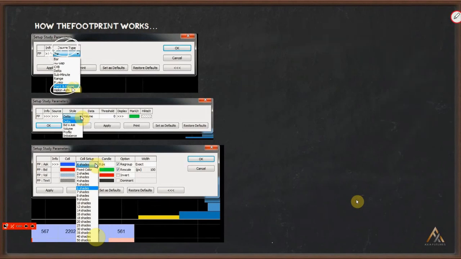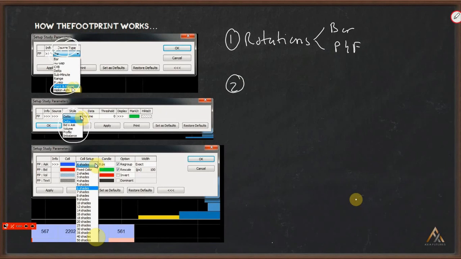Now, the next setting I want you to focus on is the different styles of footprint you get. We first spoke about the types of rotational settings you have: number 1, a bar rotation, and number 2, a point and figure. Now we're going to talk about the style, and the style is simply, what do you ultimately want to see?